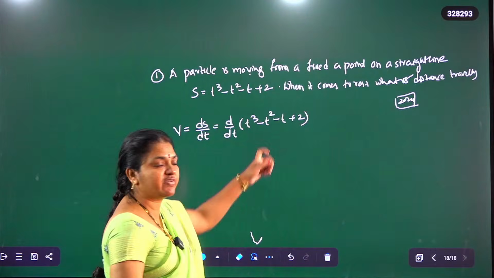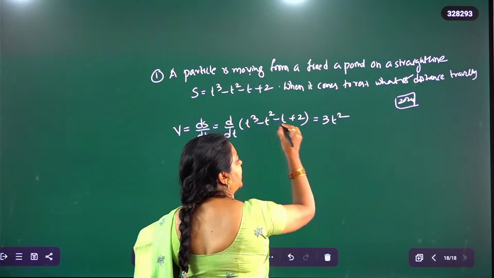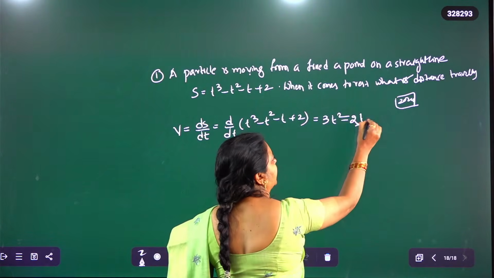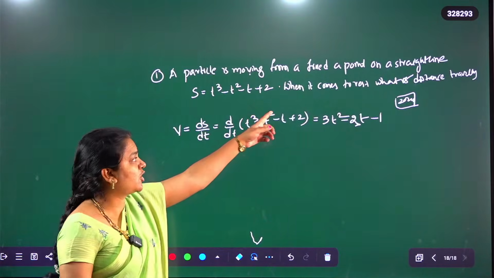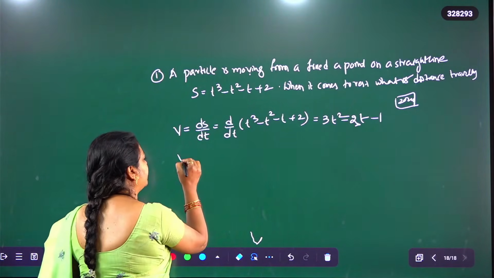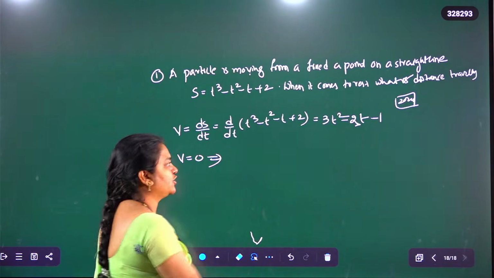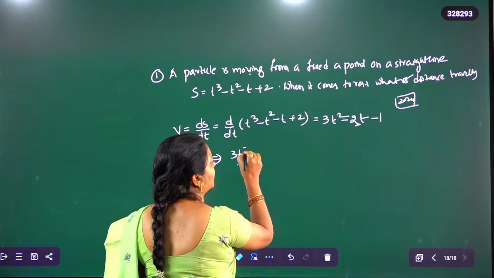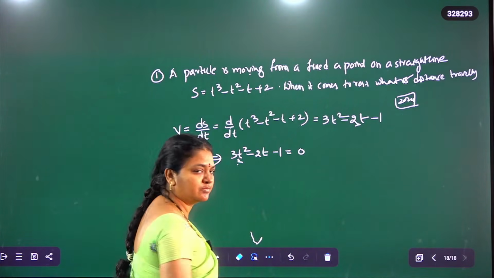By using the x power n formula, t cube derivative becomes 3t square, minus t square derivative becomes minus 2t, and this becomes minus 1. What is the problem saying? When it comes to rest, the velocity will become 0. So 3t square minus 2t minus 1 equal to 0.